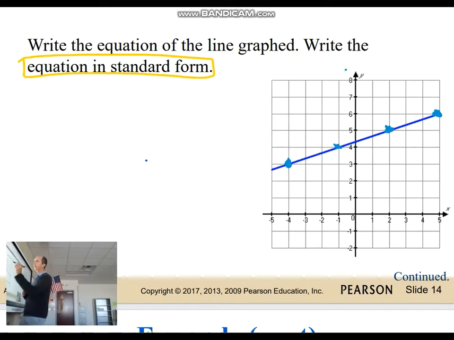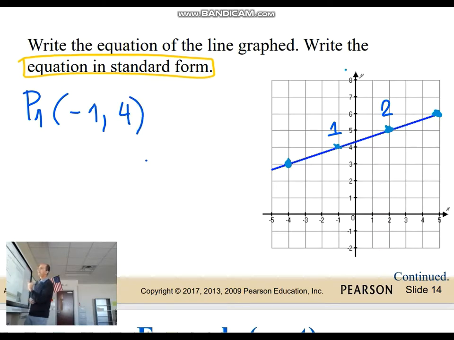Okay, let's say point 1 is this, point 2 is that. So point 1 is x equals negative 1, y equals 4, and point 2, x equals 2, y equals 5.